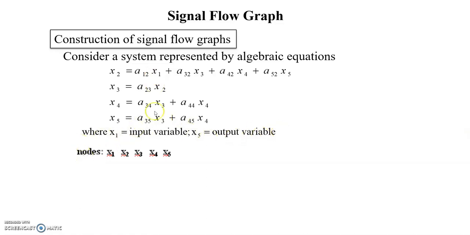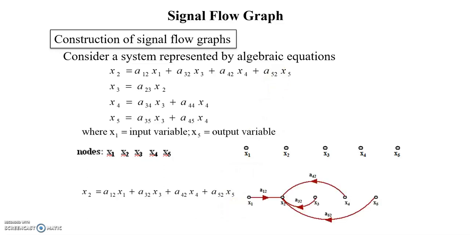First, note the nodes. What are all the nodes here? X1, X2, X3, X4, X5. These are all the nodes. Now the first equation, X2 equals A12 X1 plus A32 X3 plus A42 X4 plus A52 X5. How will you express this in a signal flow graph?